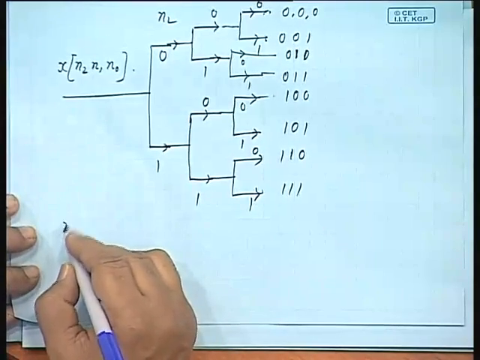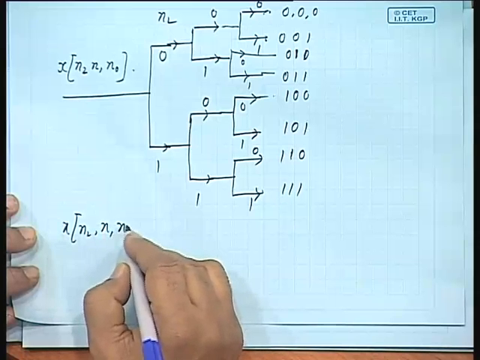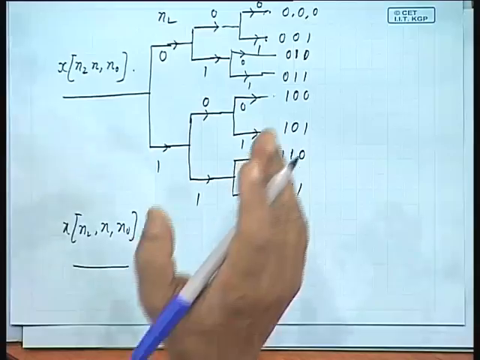So, x n 2 n 1 n 0. For example, when you choose the even numbers and the odd numbers, what is the identity of an even number? The last binary digit will be 0. So, you are taking all the zeros together and all the ones together, alright.